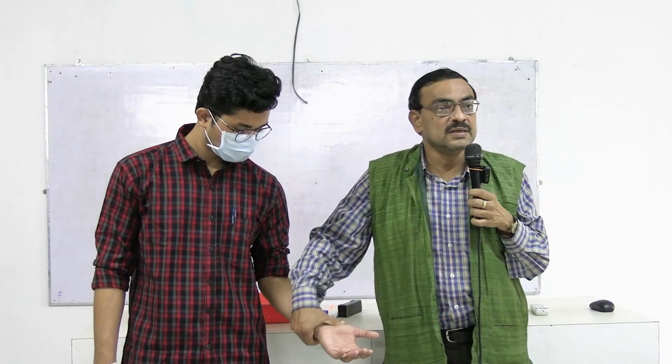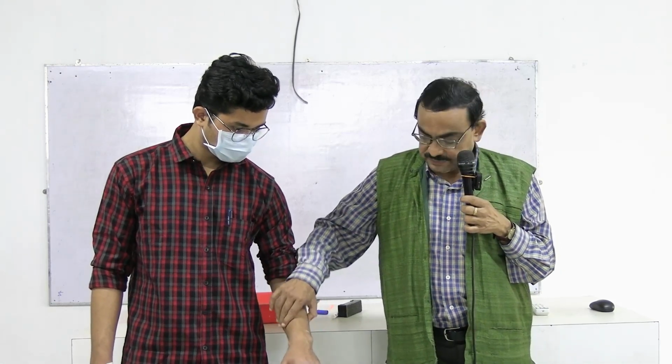Next is the styloid process of ulna, I think. How can we feel it? We have seen this is the head of the ulna. This is the posterior border of the ulna, and posteromedially, if you can feel, there is a point posteromedial to the posterior border.